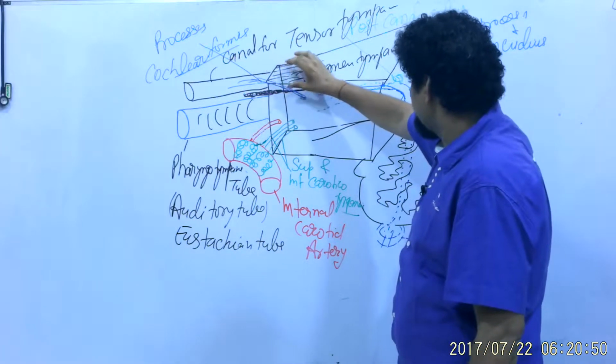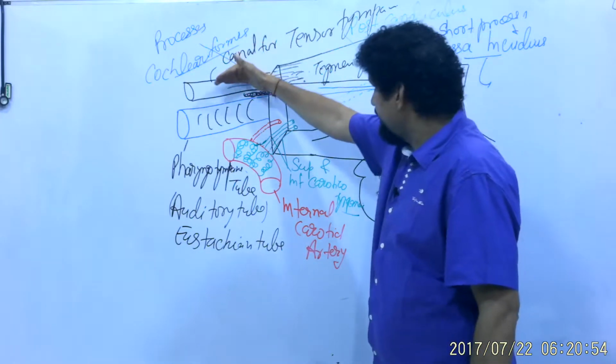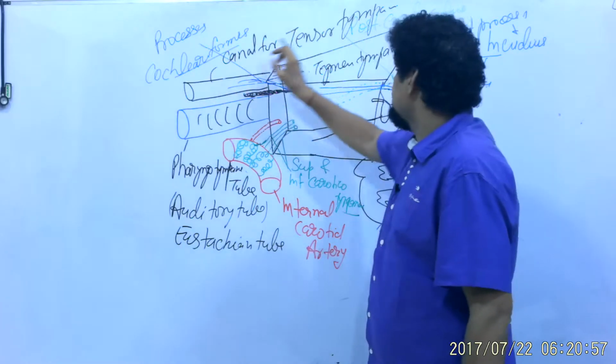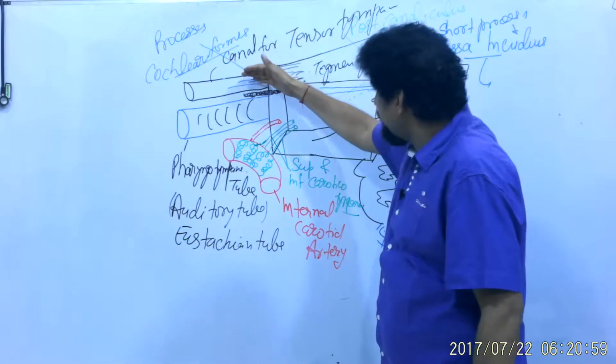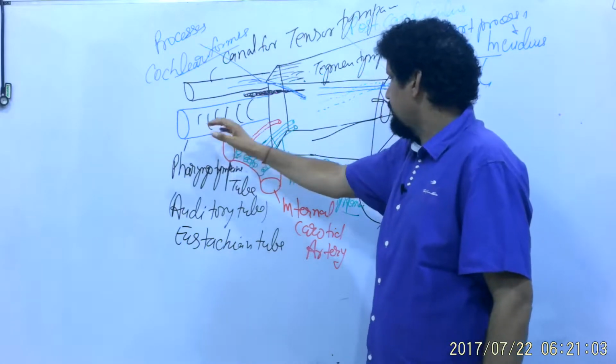Tegmen tympani is a thin plate which is running backward to form the roof of the canal for the tensor tympani, below the canal and above the auditory tube or the eustachian tube.